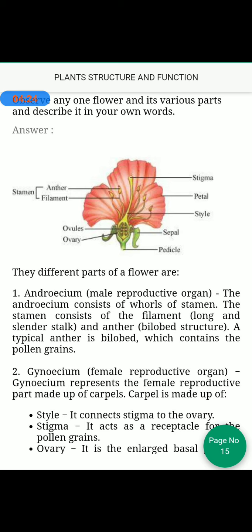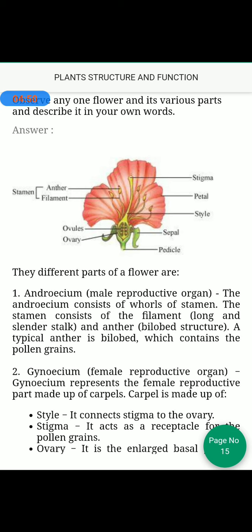As it is means you have to write it point-wise. From the beginning of this page, everything given is the explanation of the parts of the hibiscus flower, which we have discussed in detail by referring to videos as well. This you can also refer to. And you also have to draw the diagram of the hibiscus in your notebook below this question.